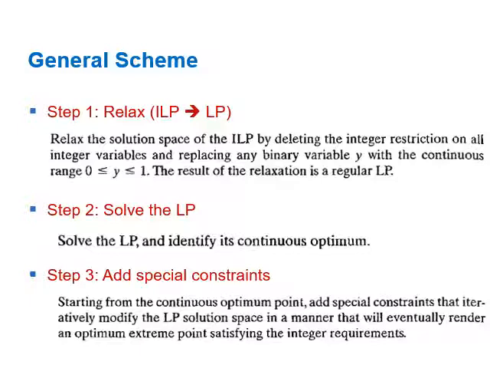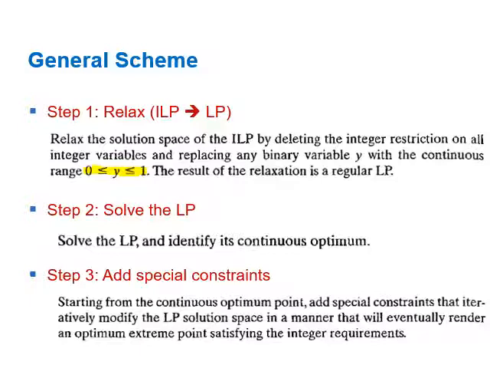When you have an integer linear program, we relax any integer variable. We replace them with continuous variables. If the variable is binary, then we replace it in this way. If it is general integer, we basically replace it with, for example, y greater than or equal to 0. This is the first step.